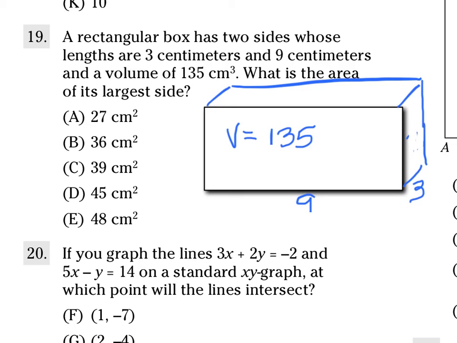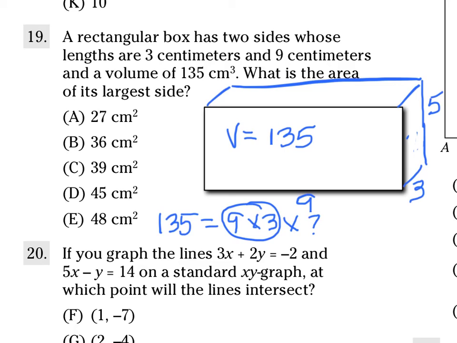So if we know the volume is 135, to get the volume of this box, you've got to multiply 9 times 3 times something we don't know. So divide 135 by whatever 9 times 3 is, which is 27, and you'll come up with the missing dimension of 5.